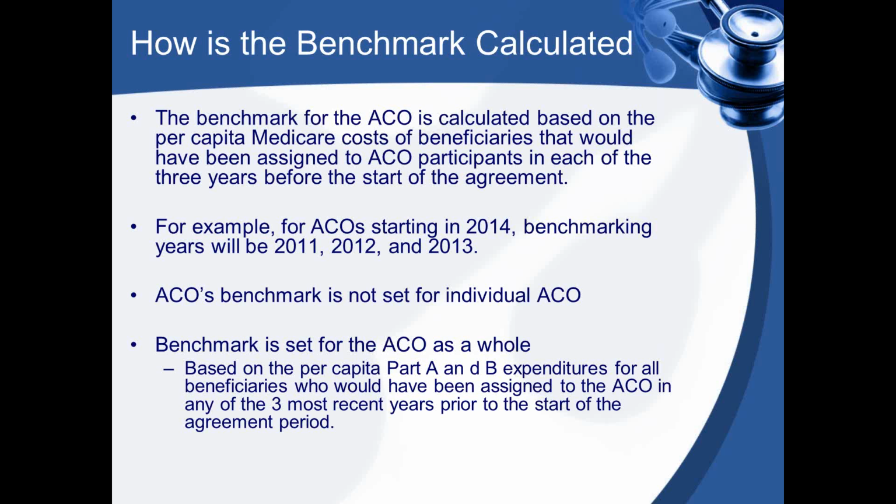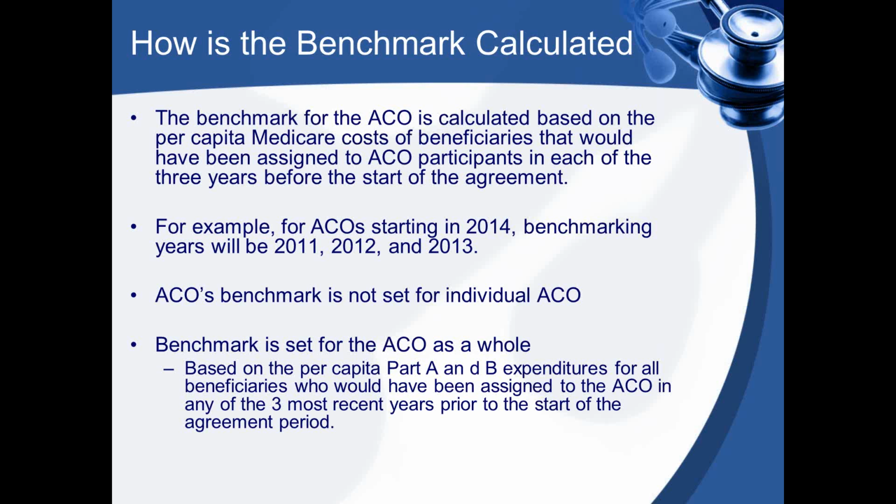But the ACO benchmark is not set for an individual ACO participant. It is set for the ACO as a whole. So this is based on the per capita Part A and Part B for all beneficiaries who are assigned to the ACO in any of the 3 most recent years prior to the start of the agreement period.